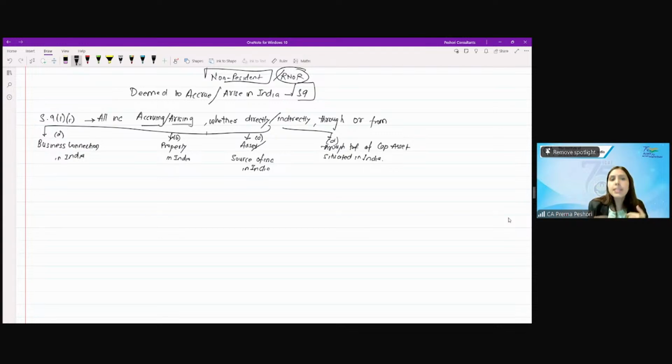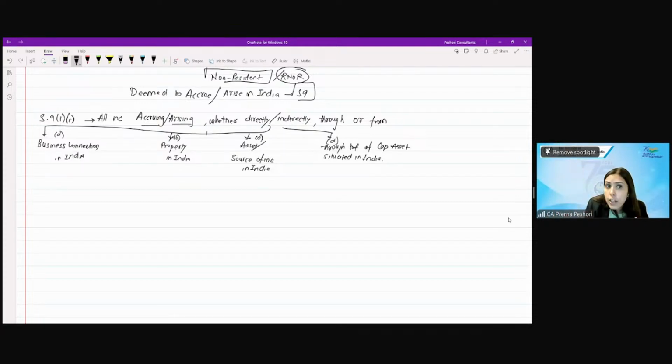So the example that we were talking about, right? That the property was located in India and there were 2 non-residents who had agreed to take that property on the rent from each other, right? So Mr. A had let out his property in India to Mr. B. The contract was signed outside India. The payer was located outside India. The landlord, the amounts were paid in the US dollar in a bank account outside India.